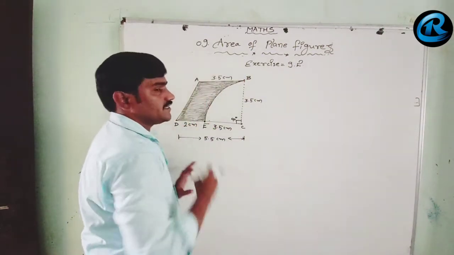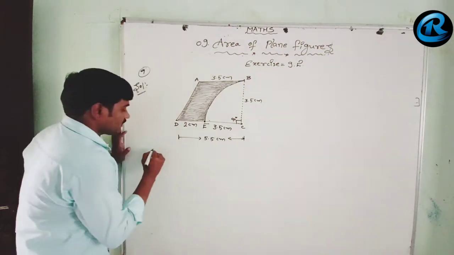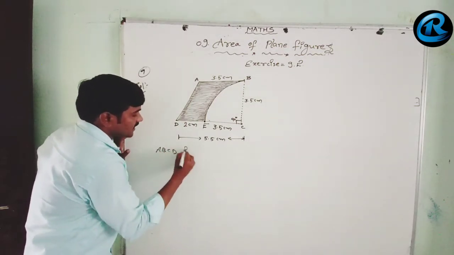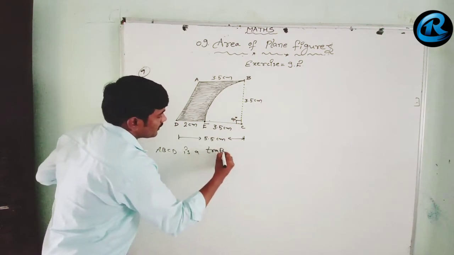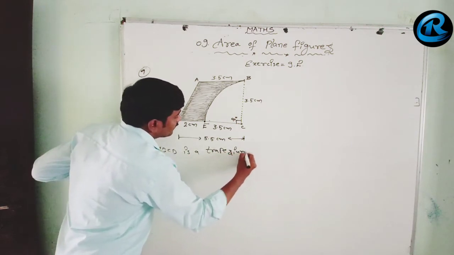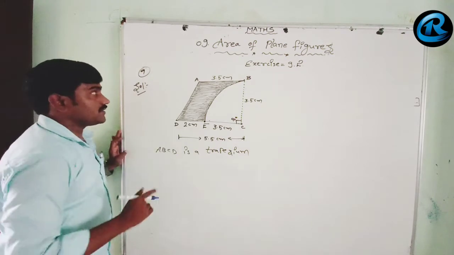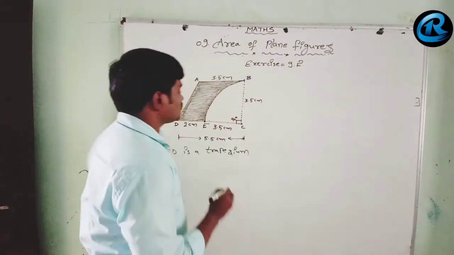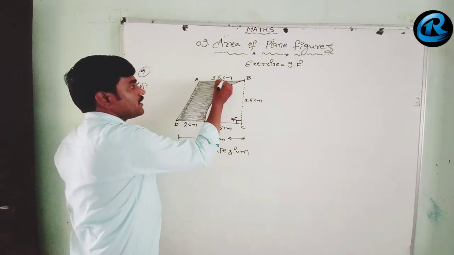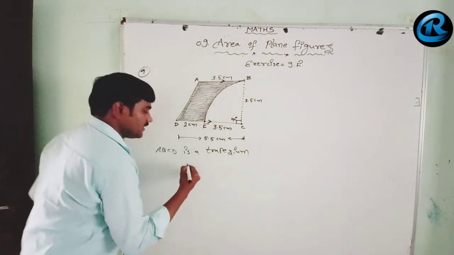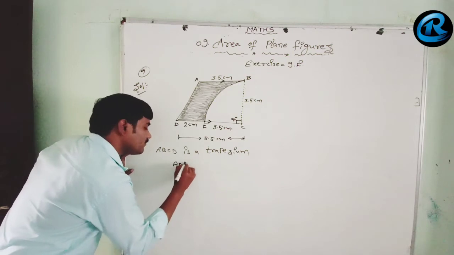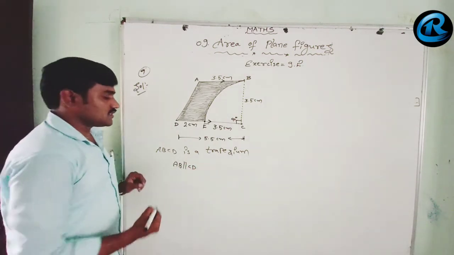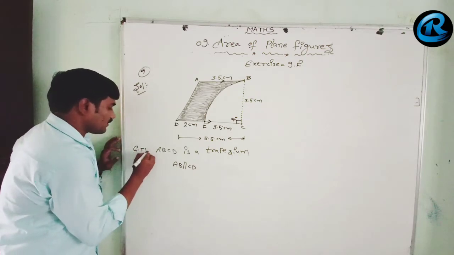Then AB is parallel to CD. In a trapezium, one pair of opposite sides are parallel, no? So AB is parallel to CD. This is given.